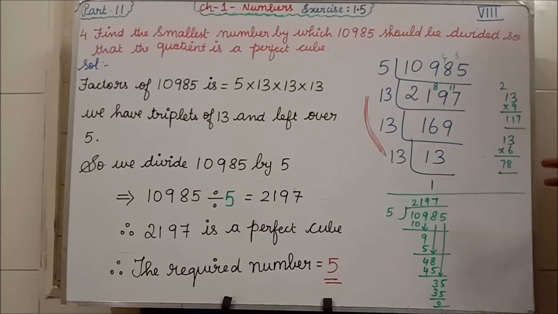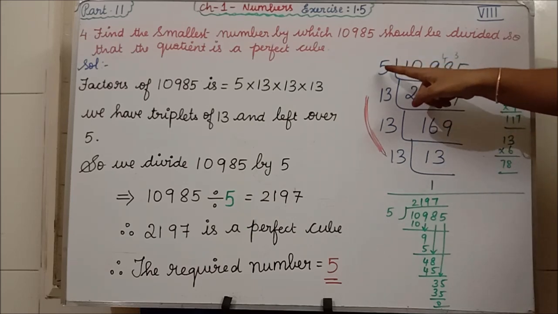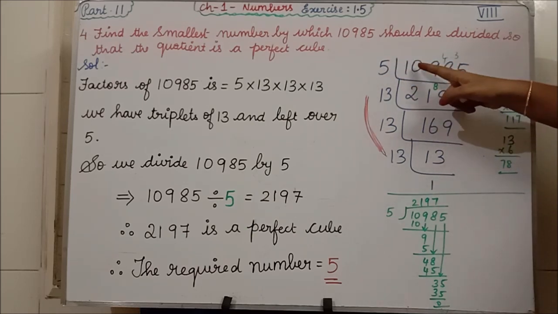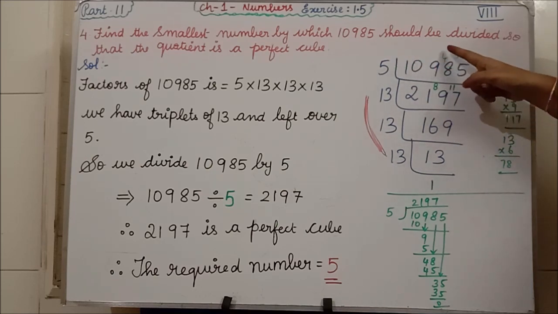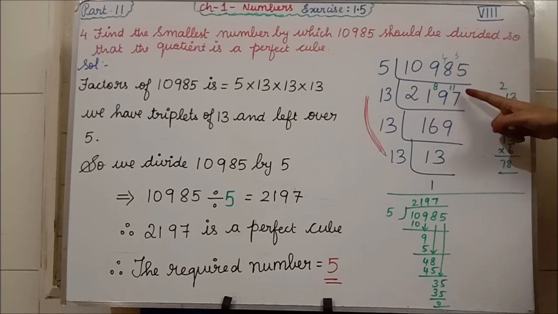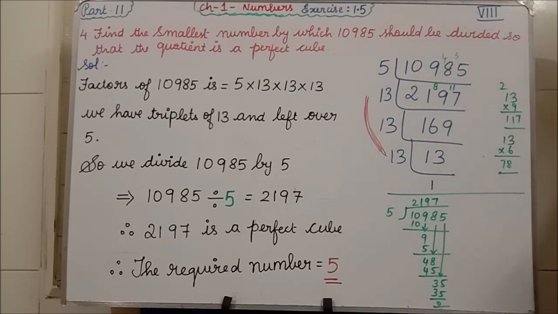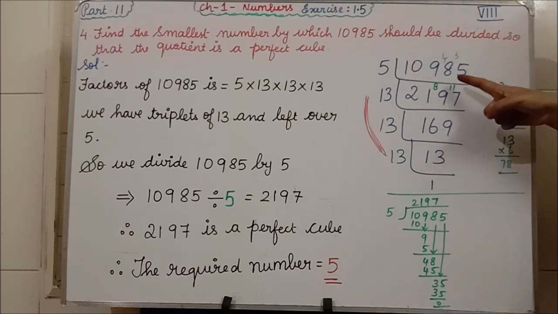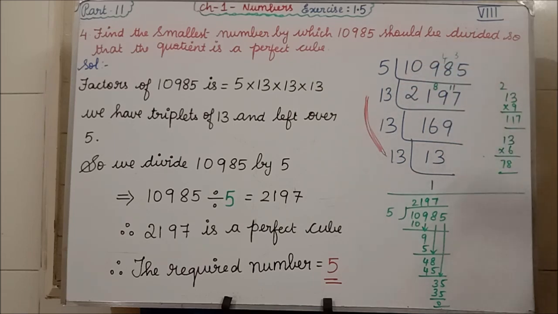Before going to the solution, we have to know the factors of 10,985. Since it is ending with 5, I am going for the 5 table. 2 5s are 10, 1 5 is 5, remaining 4, 9 5s are 45, remaining 3, 7 5s are 35. Then 2197, I am dividing with 13 because it will not come in the 3 table, 7 table, 9 table, 11 table.